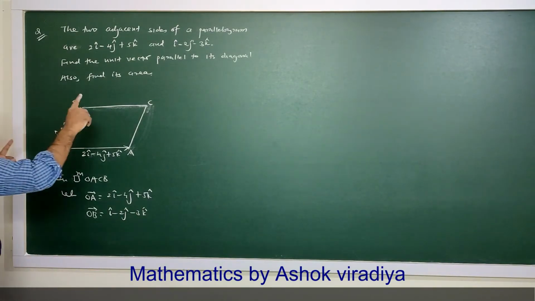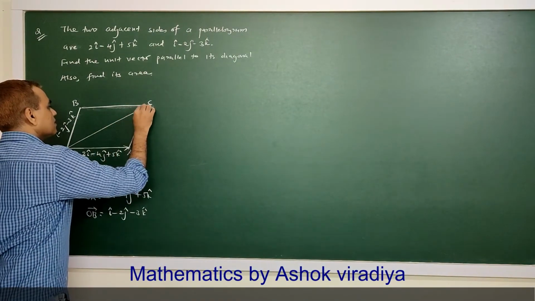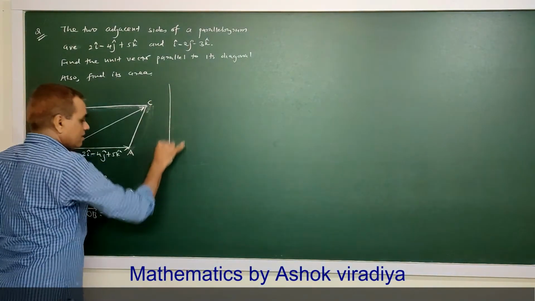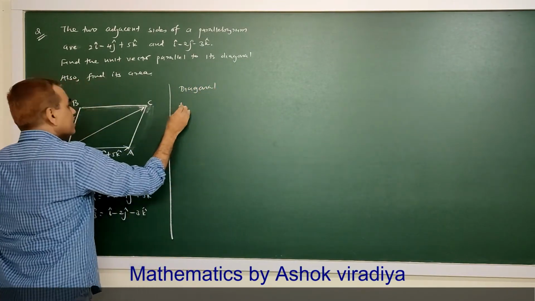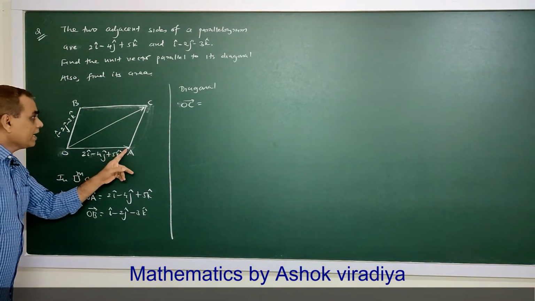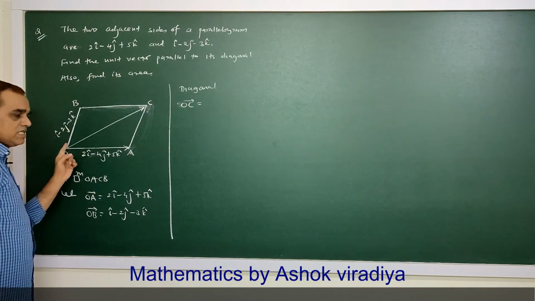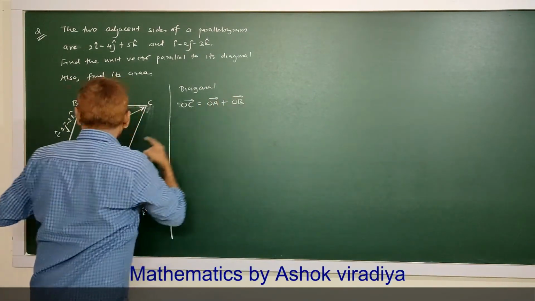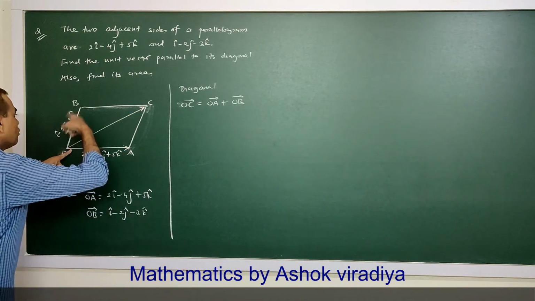Now we want a unit vector parallel to its diagonal. This is a diagonal. So we find the diagonal OC, a vector along diagonal OC. So OC is OA plus AC, or we can say OA plus OB, because these vectors are the same.